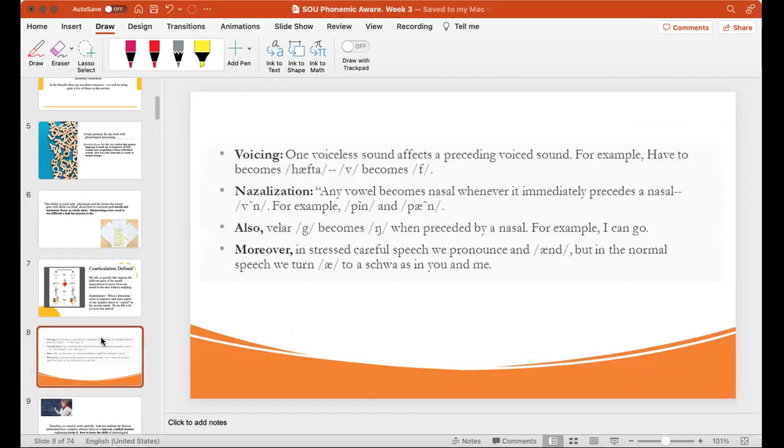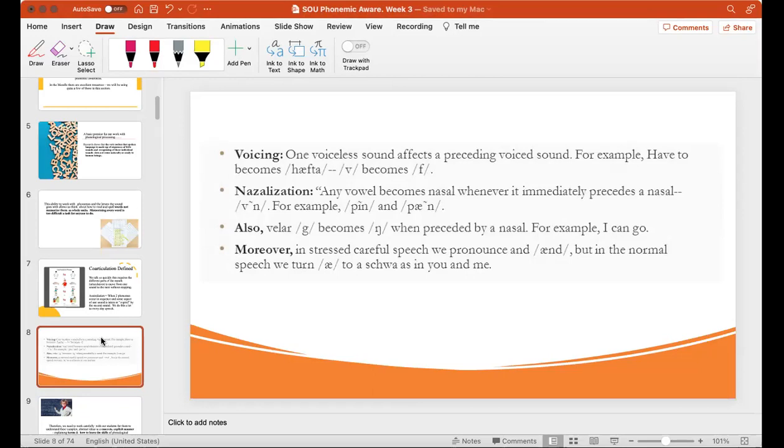So one of the problems is that often the voiced and unvoiced aspect of sounds makes things difficult. So in the word have to, when you have a really voiced vowel, and all vowels are voiced, it literally oozes into the v or f sound, and we say hafto instead of have to. Or sometimes if the vowel precedes a nasal, an M or an N, that changes the sound.